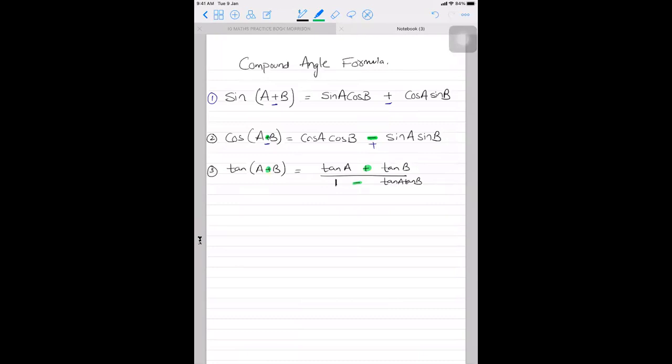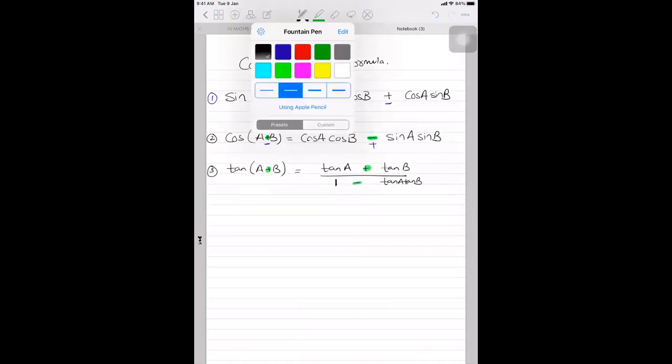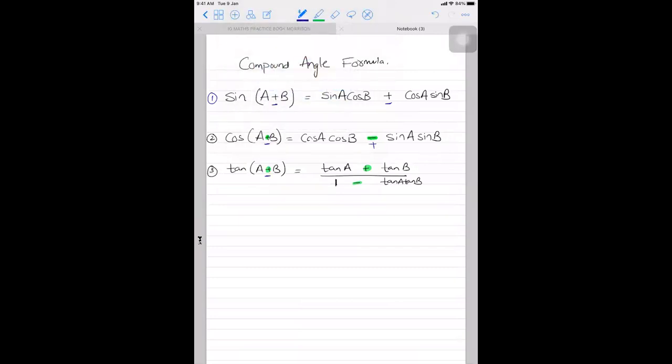Now, if this were tan of A minus B, then the result is tan A minus tan B over 1 plus tan A tan B. That is the only difference. So actually there were 6 formulas to remember, but I have summarized them into 3 formulas.